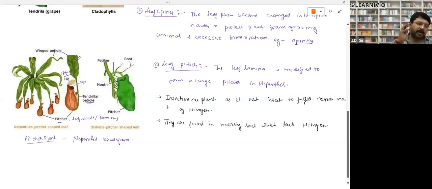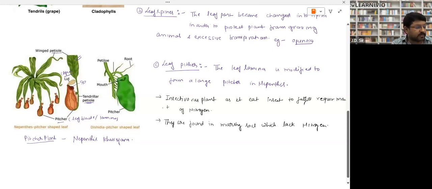Right. So those soils have a deficiency of nitrogen, right? And nitrogen is the most important mineral which plants require. So to fulfill the deficiency of nitrogen, they eat the insect.